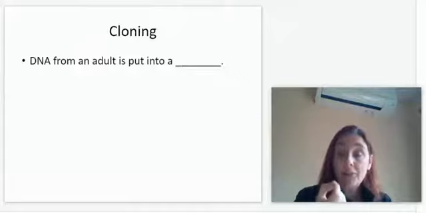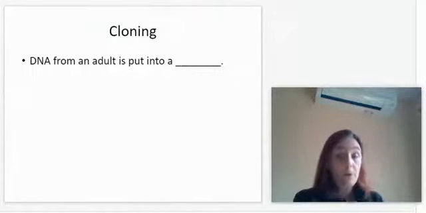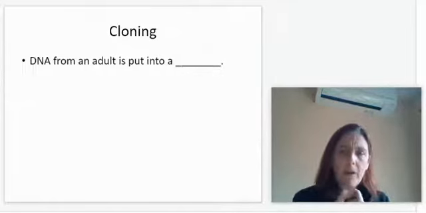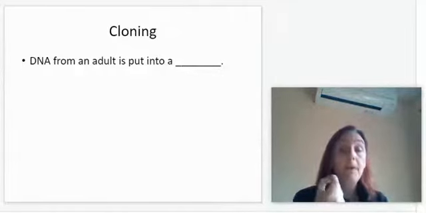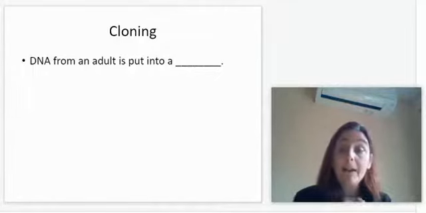So what if we could take that information and put it in a cell that's able to grow into a whole new baby? What kind of cell grows by mitosis into a whole new baby? A zygote.